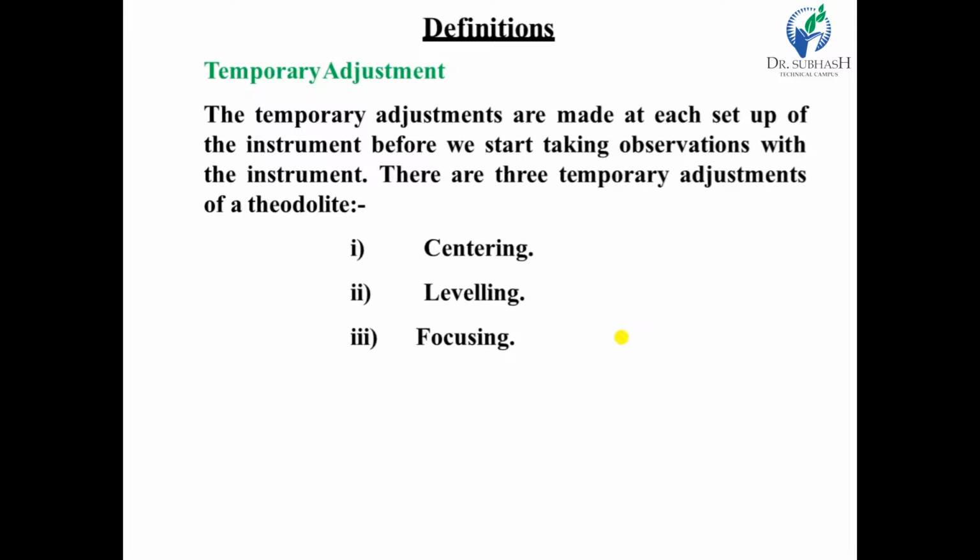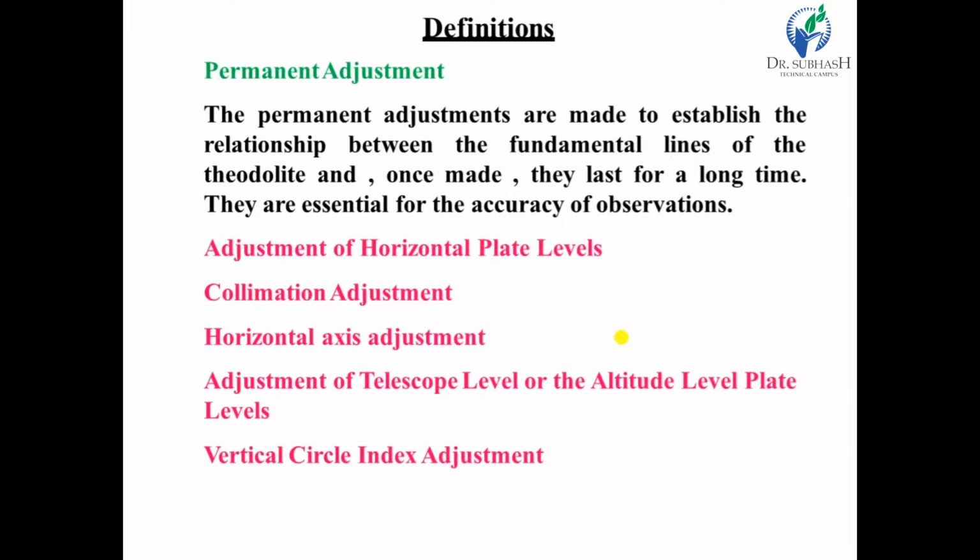That type of adjustment is done during manufacturing, or when a new instrument is purchased, so it is also called a single-time adjustment. There are three types of temporary adjustment: centering, leveling and focusing. The permanent adjustment is made to establish the relation between the fundamental lines of the theodolite.